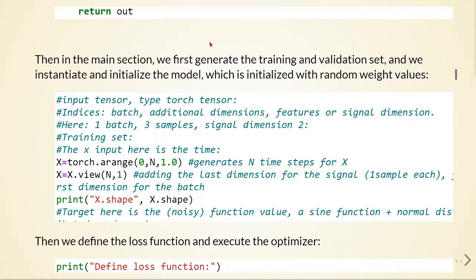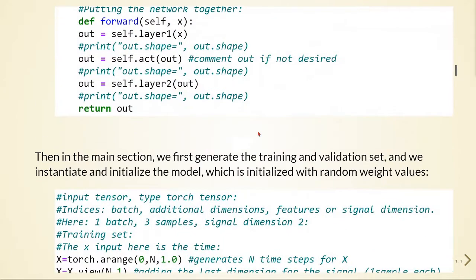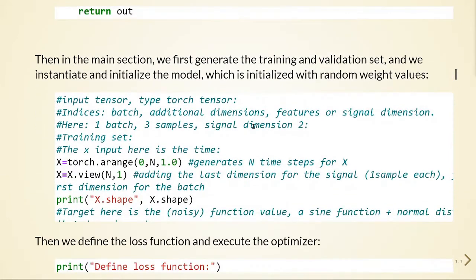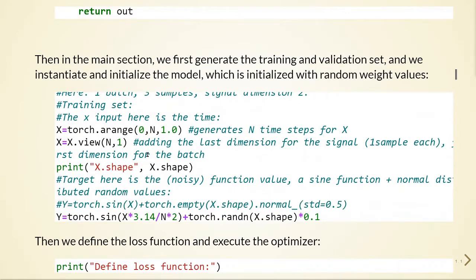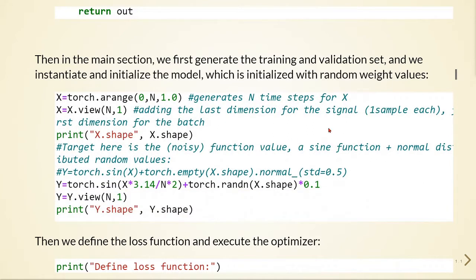So after we define the architecture of our network, we will first generate the training and validation set, then we will instantiate and initialize the model, and the model will be initialized with random weight values. So here we are creating our training set, and like we explained before, we have our input generates n time steps for x, and then we are reshaping, so we have the last dimension for our signal and the first dimension for the batch.